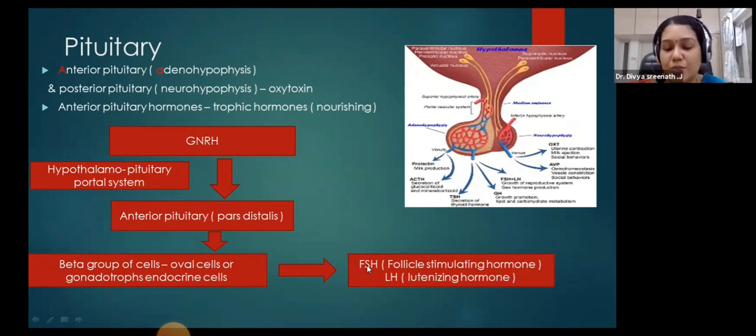These are the gonadotropes, which stimulate follicular stimulating hormone release. So GnRH is secreted from the arcuate nucleus, it reaches the anterior pituitary by the hypothalamo-pituitary portal system, and from the oval group of cells, it secretes FSH and LH.